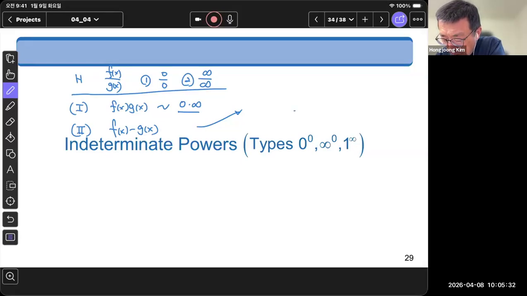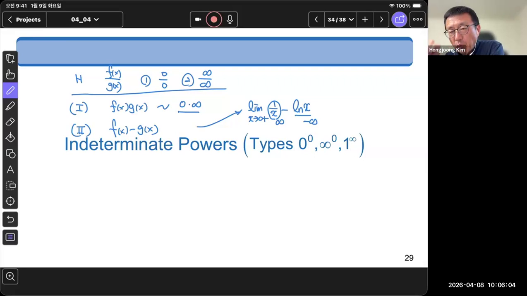Something like 1 over x minus ln x as x approaches 0 from the right. Then ln x goes to negative infinity, and 1 over x diverges to plus infinity as x approaches 0 from the right.